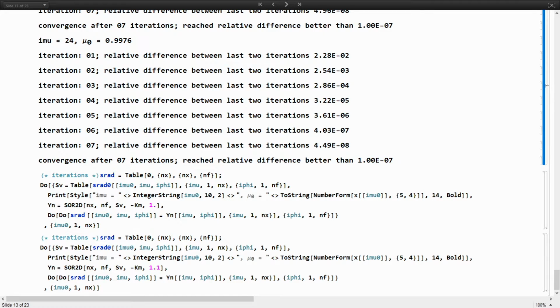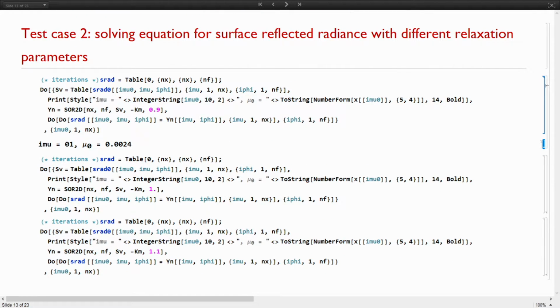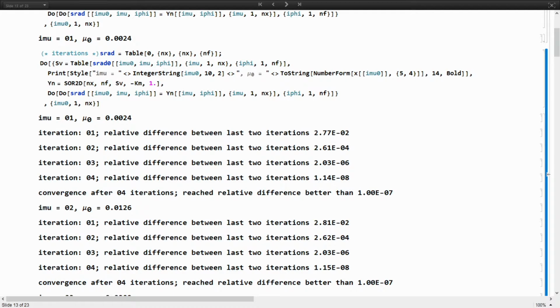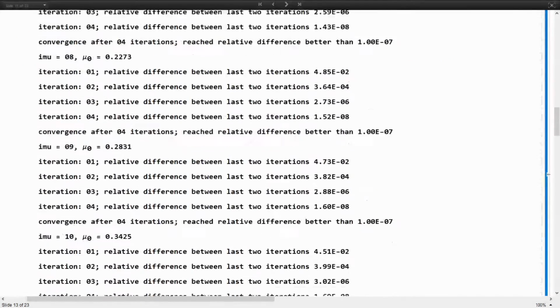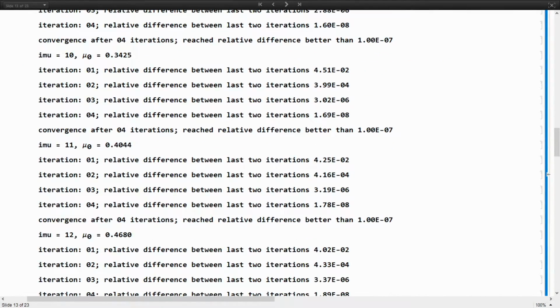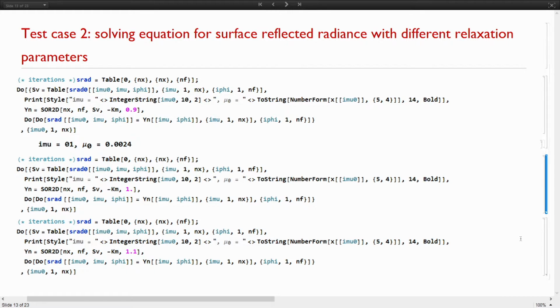But what if we do not want any relaxation? So if relaxation parameter is 1, so just Gauss-Seidel iterations, we can see that the same iterations converge even faster. We need only 4 instead of 7 before. Well, we can expect that if we increase relaxation parameter even more, we can get even faster convergence.